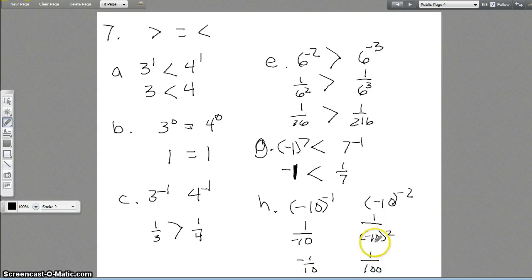It's positive because when you square a negative, it becomes a positive, and when you square the 10, you get 100. Any positive number is bigger than any negative number. So -1/10 is smaller than 1/100th, so that is a less than. So that's how you can approach these. And again, this was number 7, which is like number 12.